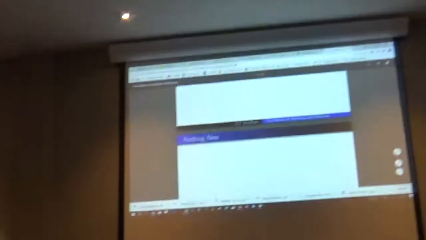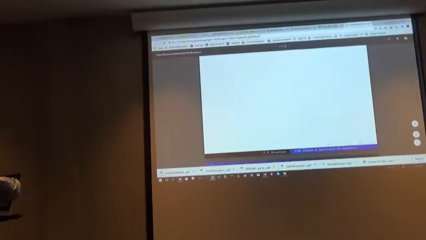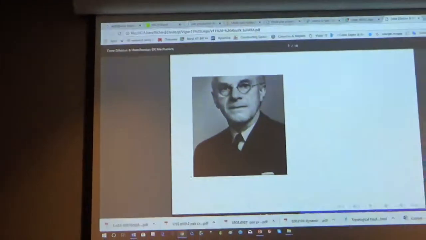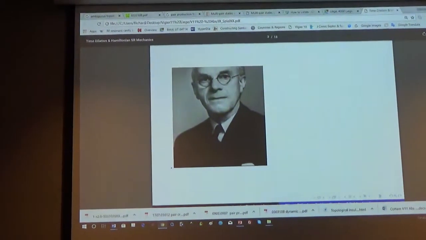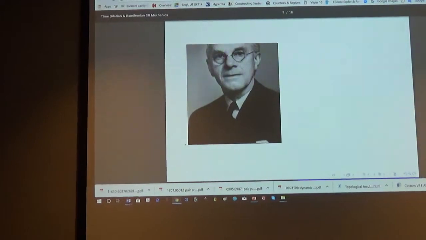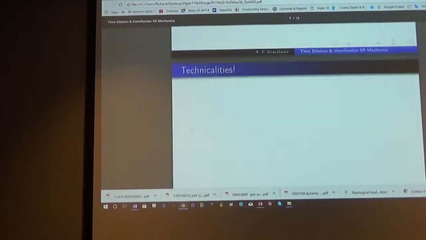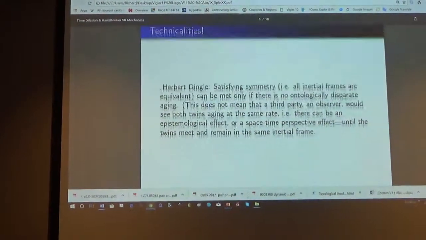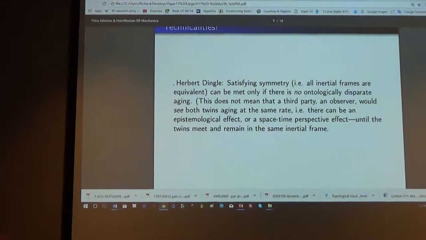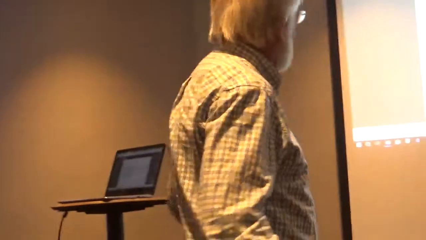And of course, the main issue historically was brought up first by our friend Herbert Dingle. And the expression on his face, I think, tells the story. Herbert's point was that there's a lack of symmetry here, so you can draw any conclusion you want that they don't match up.